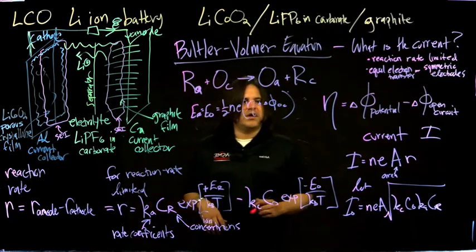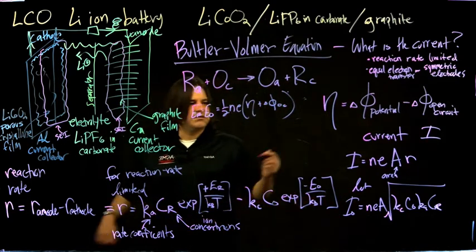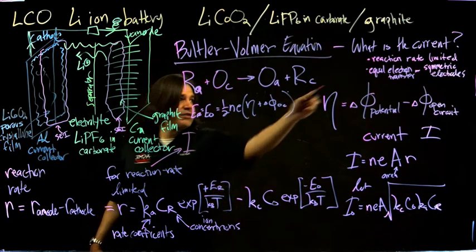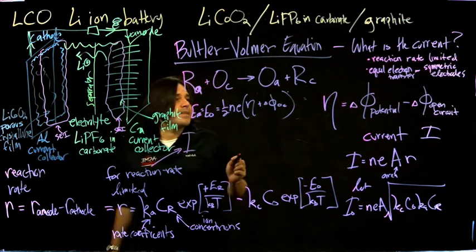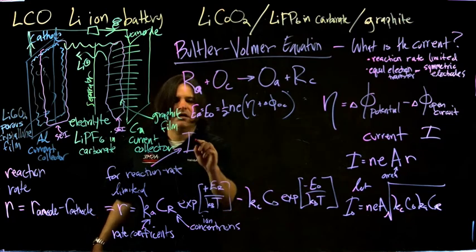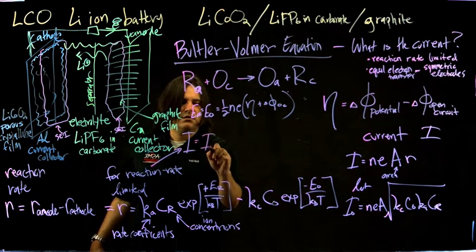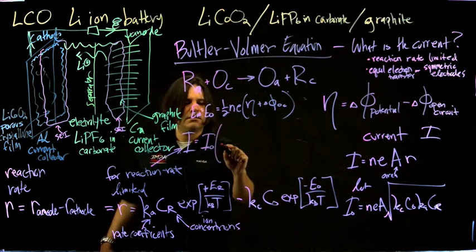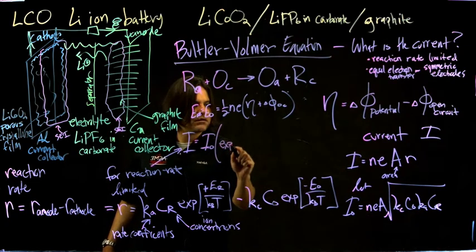Then we can define the Butler-Volmer equation. We can say the current under the reaction rate limited and symmetric electrodes, you can say that the current is related to this I naught term and these energy barriers.